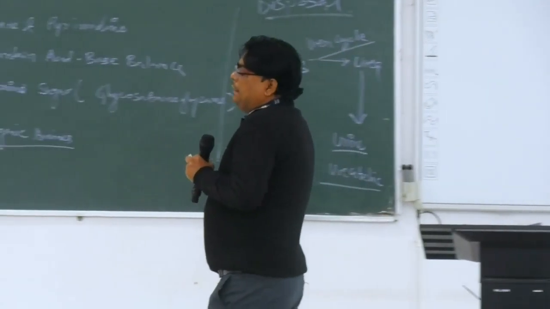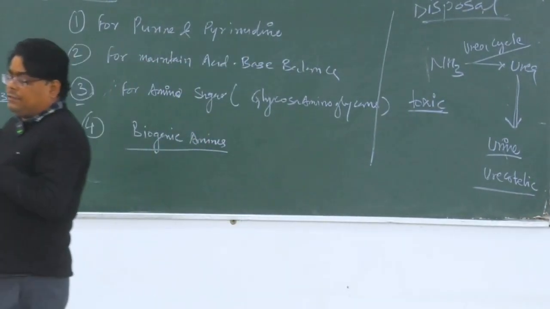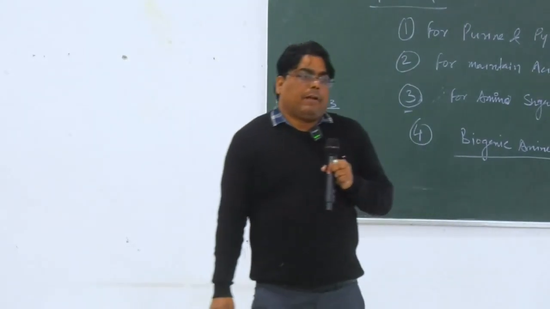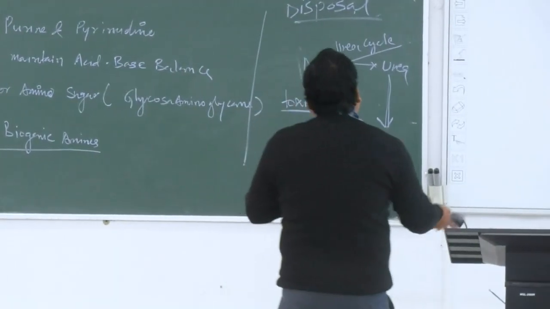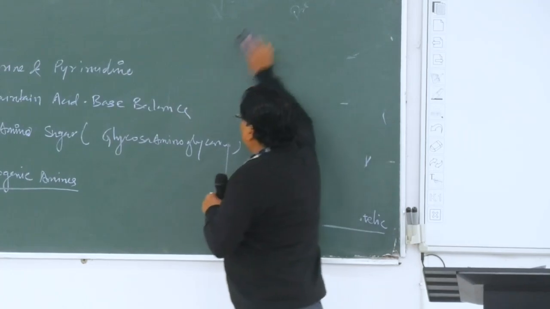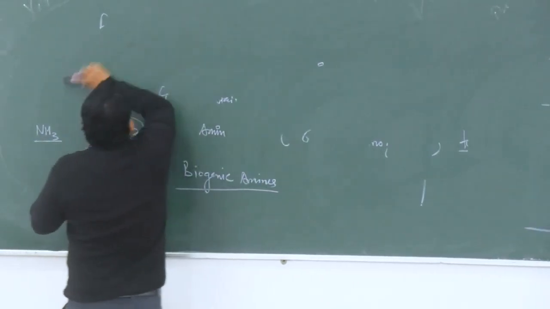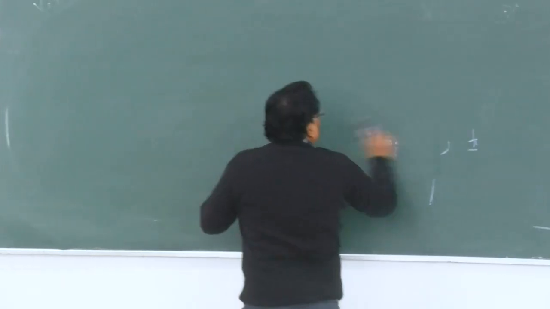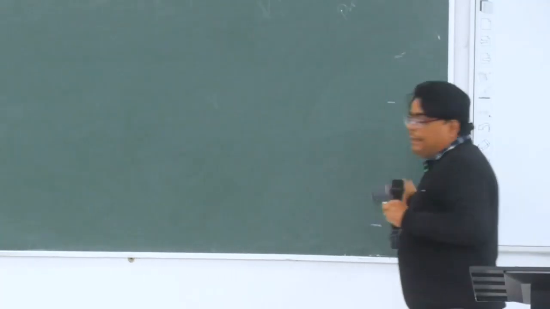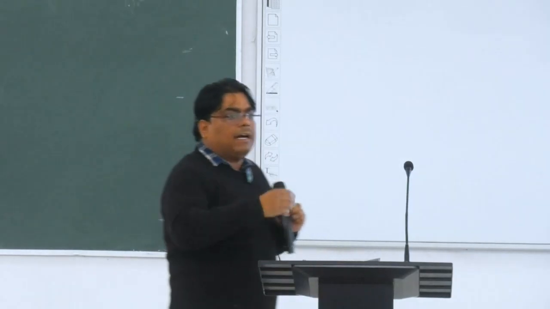I will tell you what happens if there is more ammonia, if there is hyperammonia. Make the concept with this reaction also, how ammonia is handled, and you can easily give the answer.